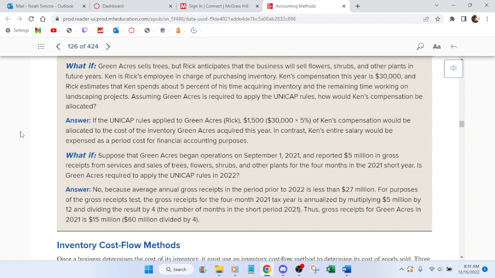I thought it was times 4 over 12, but that doesn't make sense. 5 million is not for the whole year. To expand the 5 million to the full year, divide it by 4 and then multiply it by 12. That's the amount for the full year: 15 million.